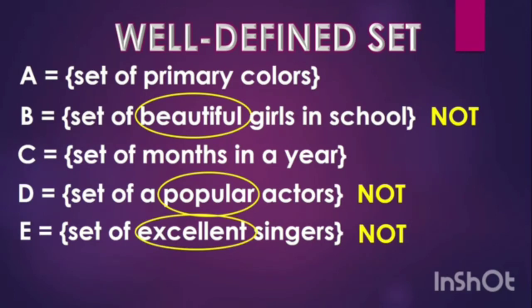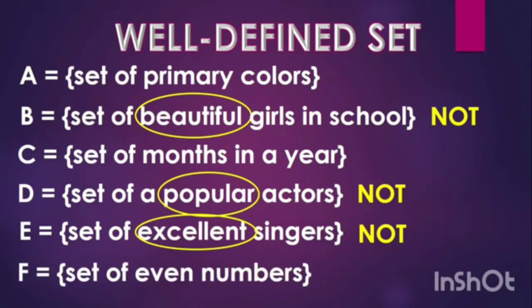What if for me, siya ang magaling, gusto kong singer, siya ang magaling kumanta. Para sa'yo, hindi. So, that makes it not well-defined. Set F. For set F, we have set of even numbers. So, even numbers, 2, 4, 6, 8, 10. So, this is a well-defined set.